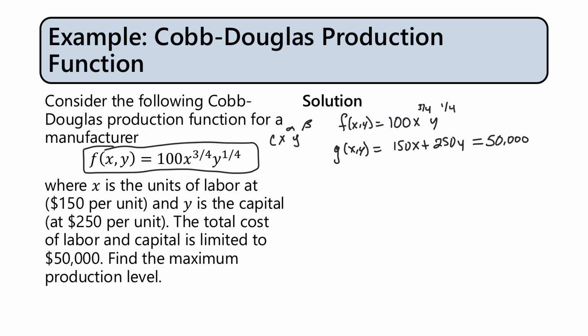So we'll just say equals 50,000 is what we want. That's kind of on the boundary, the best that we can have. So this is our constraint. And then this is what we're wanting to maximize. The book calls it the objective function. So the objective function.